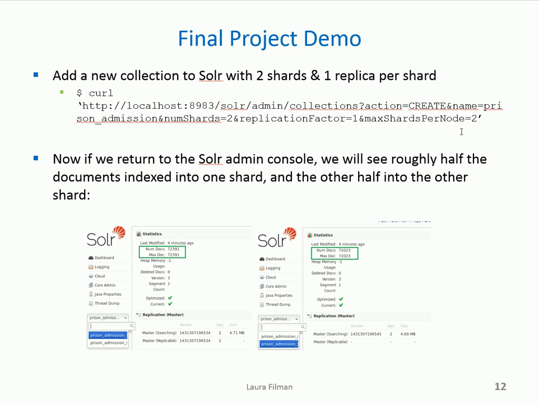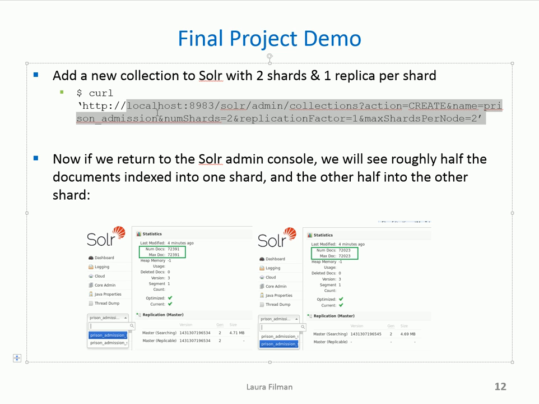So what we need to do is create this collection. The collection name is prison admission. We're going to create it with 2 shards, and we're just going to create it with 1 replica per shard. So let's copy that.